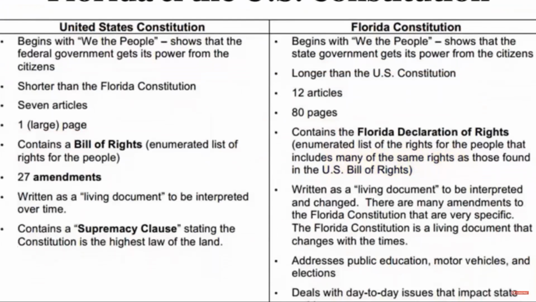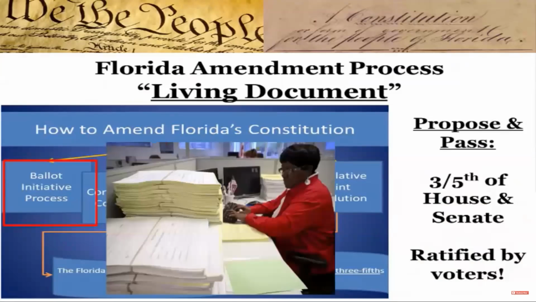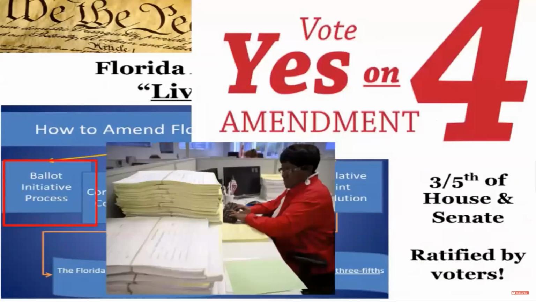The Florida also has way more amendments that are very specific, dealing with day-to-day issues, including education, motor vehicles, and elections. The Florida Constitution also includes several ways to pass amendments, including an initiative where people can gather signatures and then vote on whether an amendment will pass.